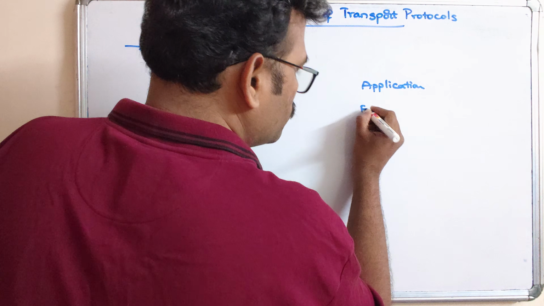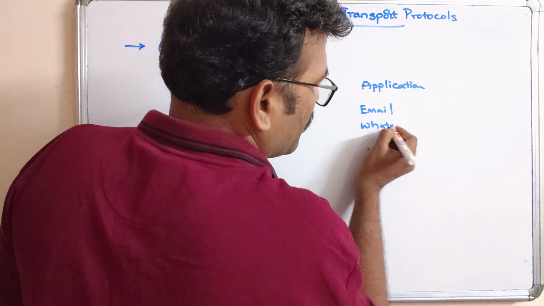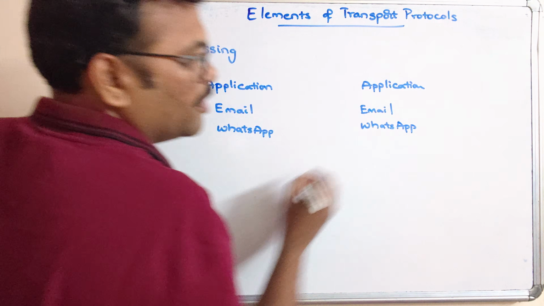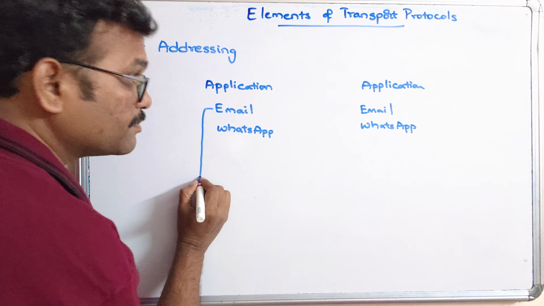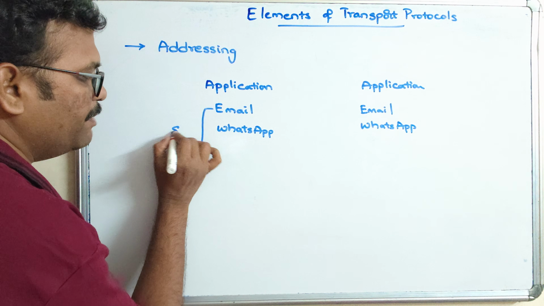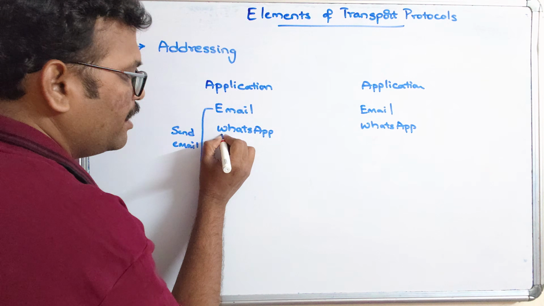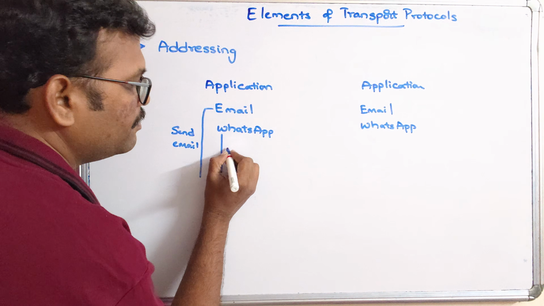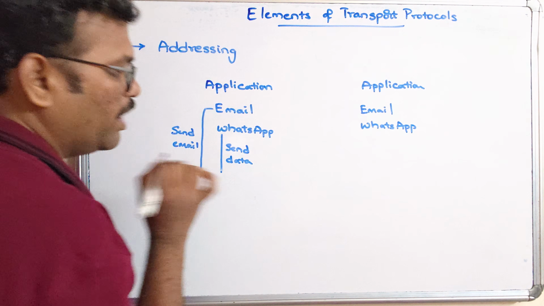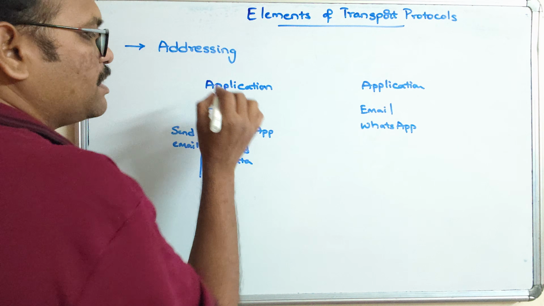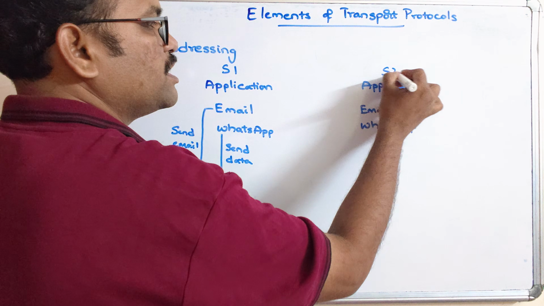The destination also has email and WhatsApp. Whenever you send an email and send some data through WhatsApp, this is system 1 and system 2, S1 and S2.